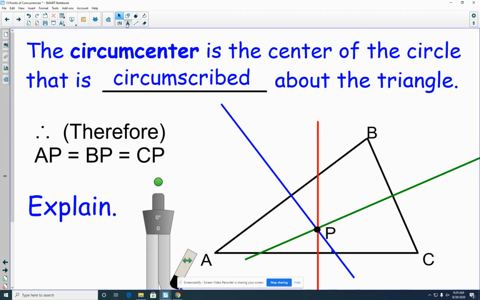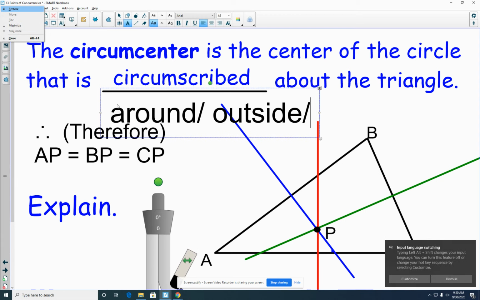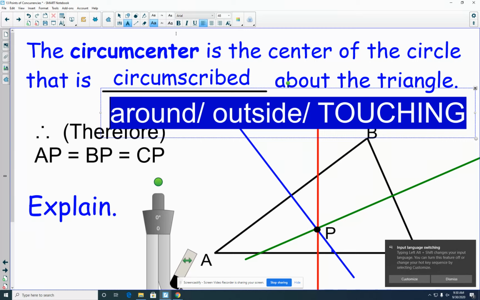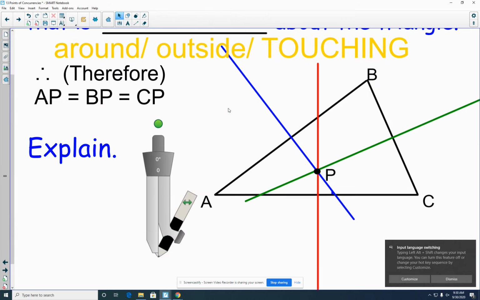So what it means to have a circle that's circumscribed about the triangle means that it goes around the outside of the triangle, but it must be touching. So it's kind of like when we talk about it being inscribed and going on the inside and touching. If it's circumscribed, it's going around the outside and it's touching.